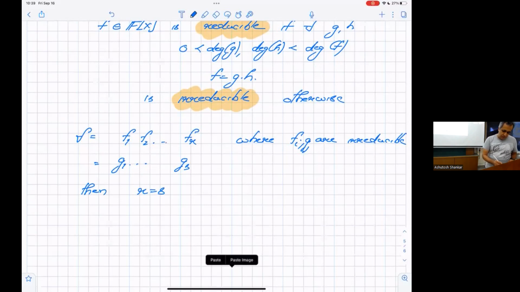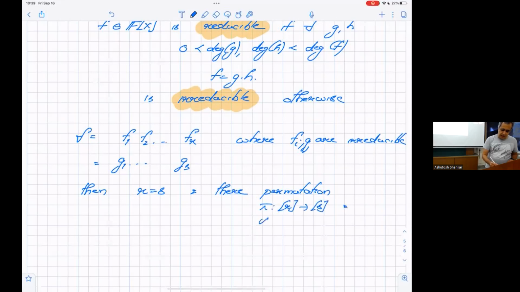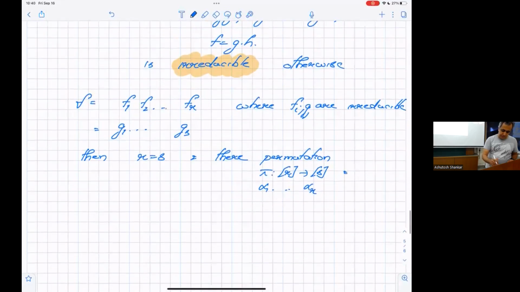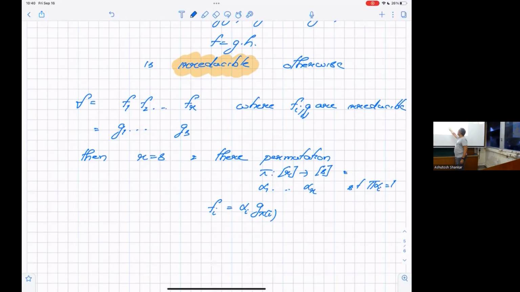And furthermore, the f's and g's are unique up to permutations and scalar multiplications. Then r equals s, and there exists a permutation phi from r to s and scalars alpha 1, alpha 2, ..., alpha r, such that the product of the alpha i is 1, and fi is just alpha i times g phi(i). So the f's and g's are basically the same up to permutation and some scalars, and those scalars have to eventually multiply to 1.